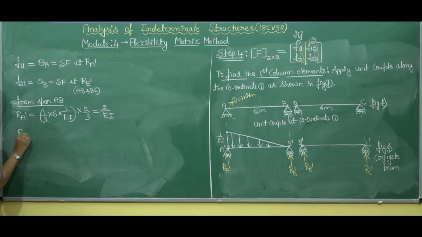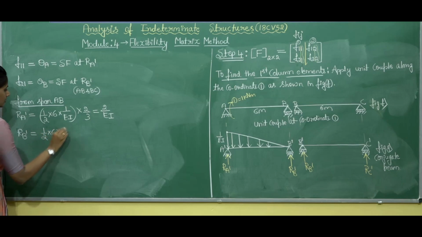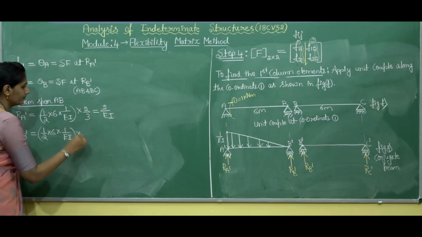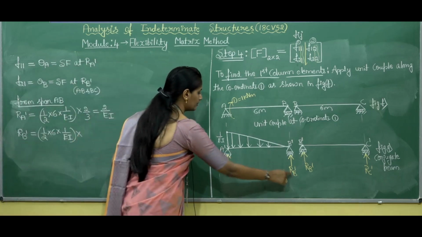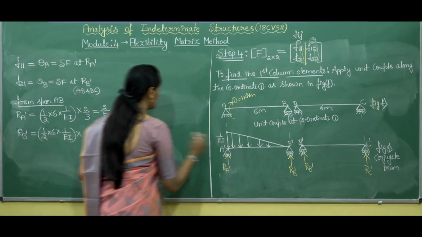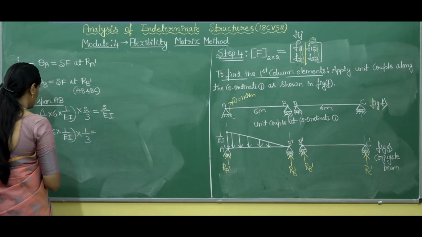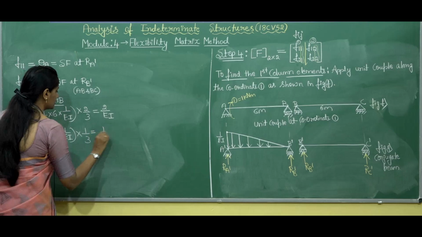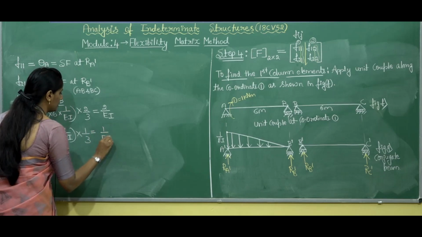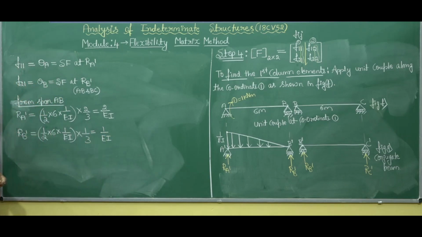So if you want RB dash, do the same thing, half into base into height, the loading condition multiplied by, since you need RB dash, multiply the load by 1/3 of the span. So if you solve this, you'll get the answer like 1 by EI.